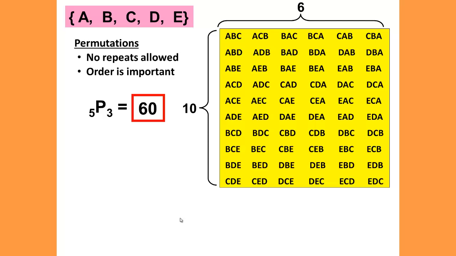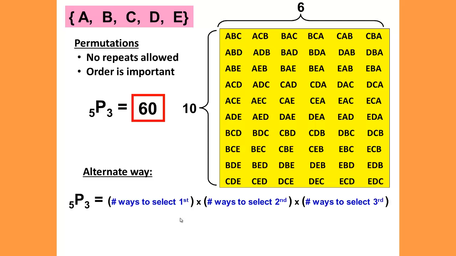This would be too time-consuming to make a list each time, so an alternate way would be needed to think about this. And here is an alternate way. We can think about it as the number of ways to select the first letter times the number of ways to select the second letter times the number of ways to select the third.